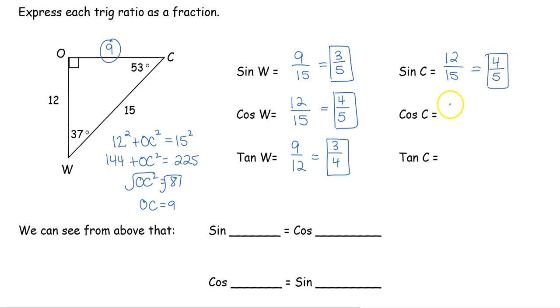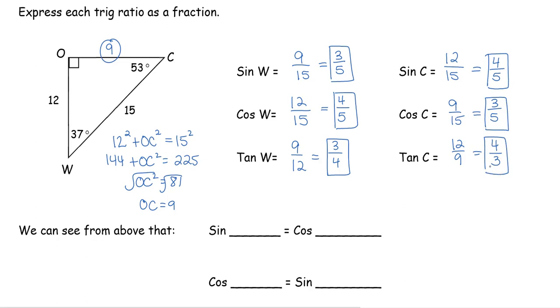Cosine is adjacent. So if here's angle C, the adjacent side is 9 over 15, reducing down to 3 over 5. And tangent of C, so from angle C, we want opposite over adjacent, 12 over 9, which is reducing down to 4 over 3.